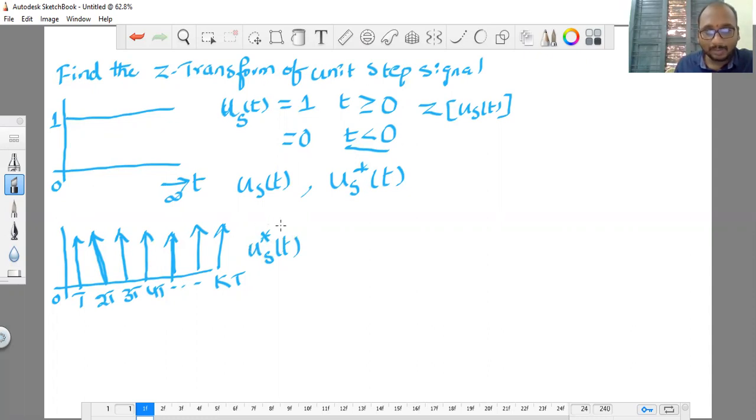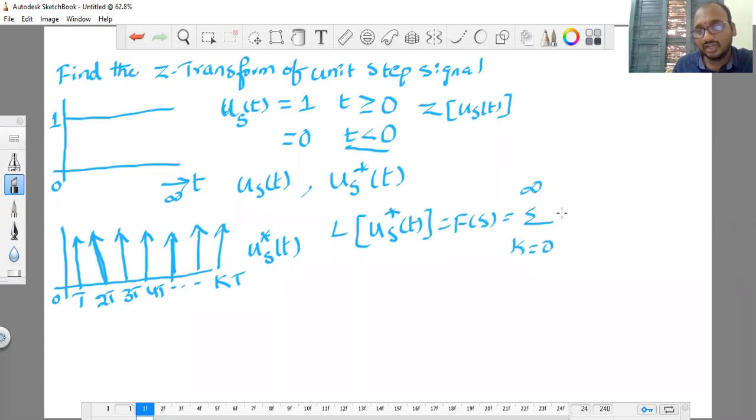You have to apply the Laplace transform to this u_s star of t. The Laplace transform of u_s star of t, which is equal to F of s, is equal to sigma k equals 0 to infinity u_s star of t into e power minus kst.